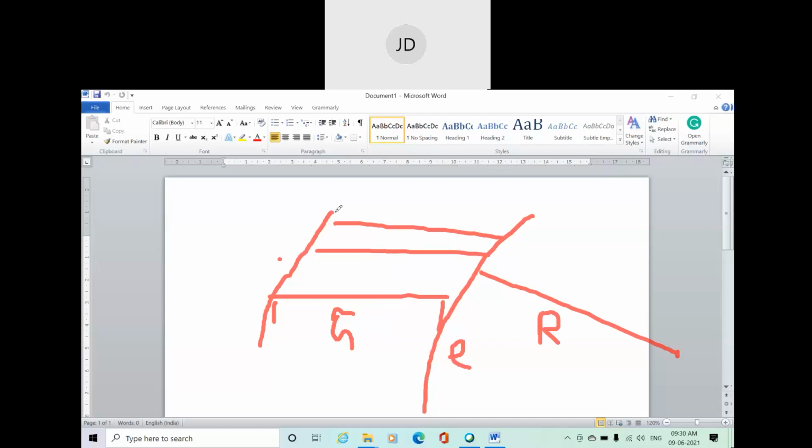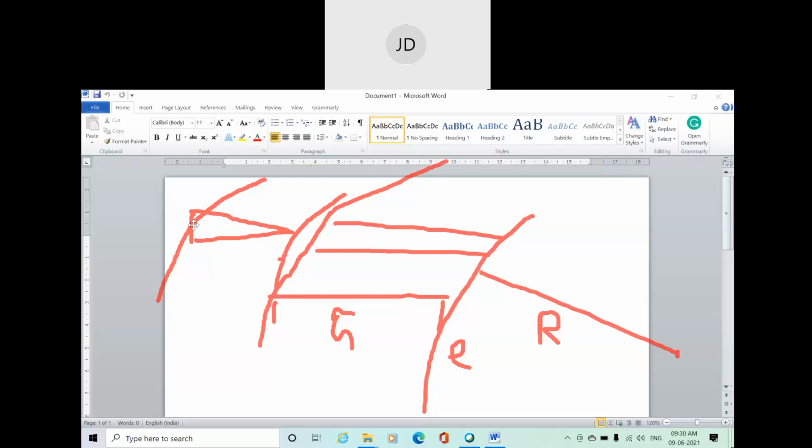That means suppose this is your outer rail. How much is the outer rail elevated? Suppose I'm giving a cross section like that. At the curve point, suppose this is your inner rail, this is your outer rail. Okay, so this amount of height is provided.